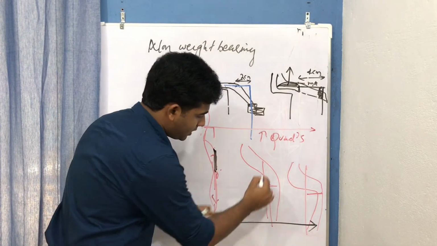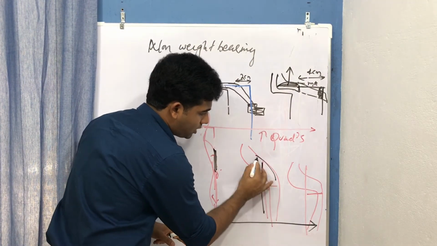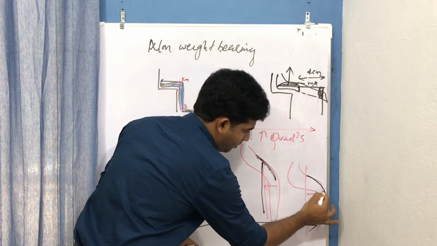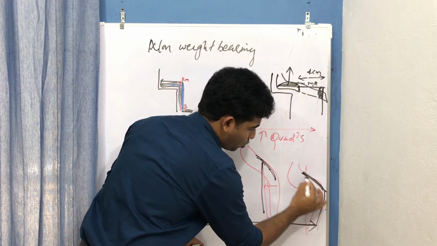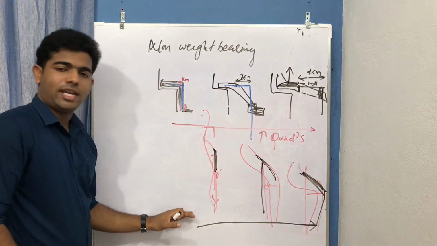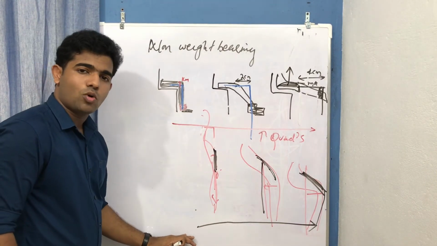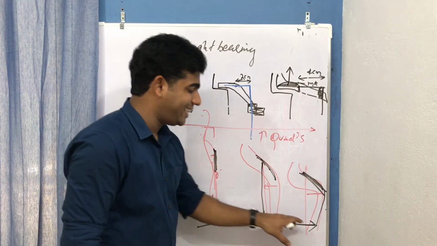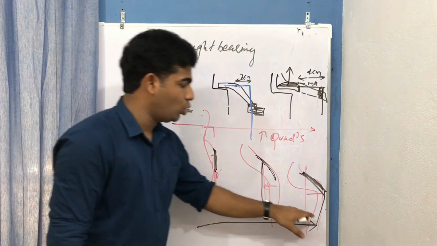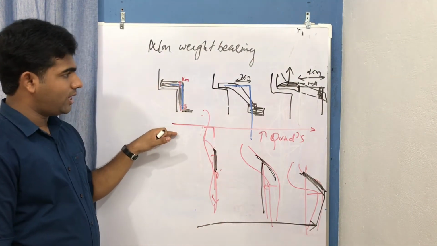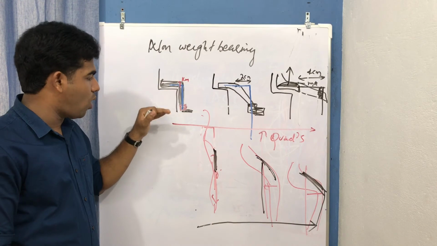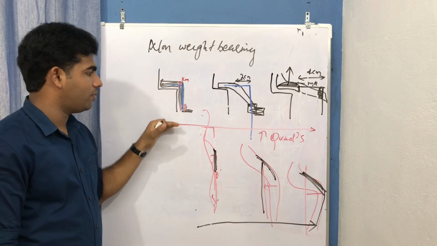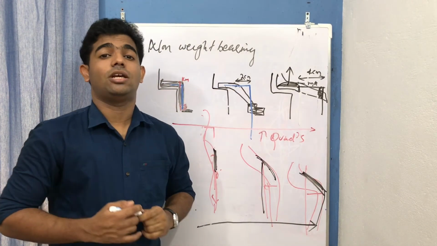But here this is slightly posterior, so your quads has to work. Here this is extremely posterior, so your quads has to work the greatest. So in weight bearing position, the activity of the quadriceps muscle increases from extension to flexion, whereas in non-weight bearing position, the activity of the quadriceps muscle is at its peak from flexion to extension, right?